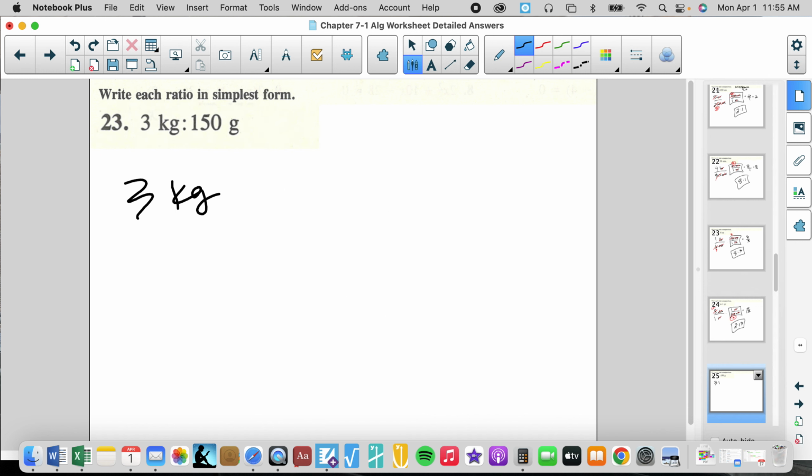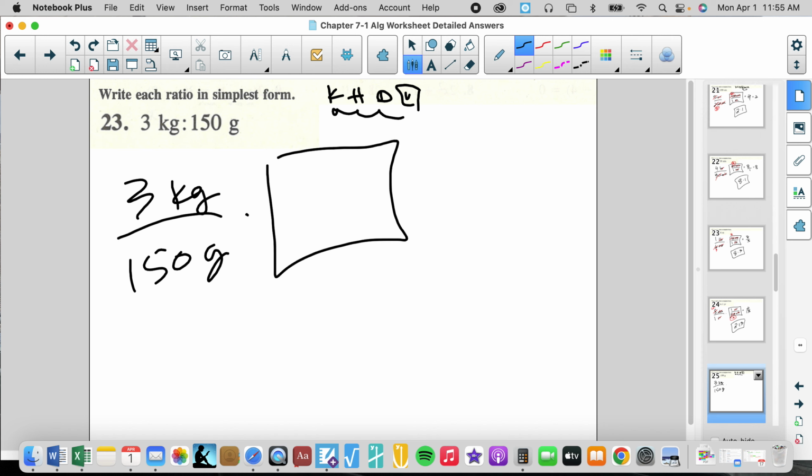Kilograms. 3 kilograms to 150 grams. Again, King Hector died, unfortunately. So we have 1, 2, 3 zeros. So an equivalency is 1 kilogram is equal to 1,000, or 3 zeros, grams.